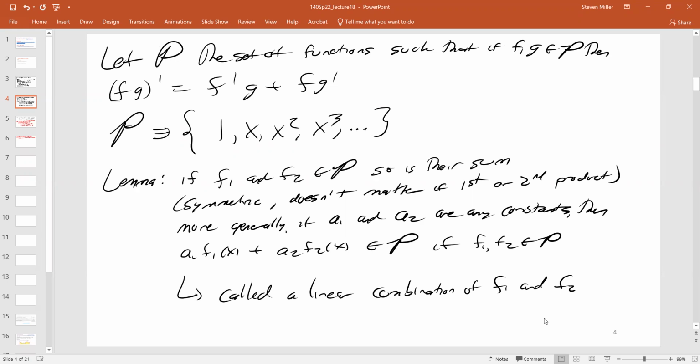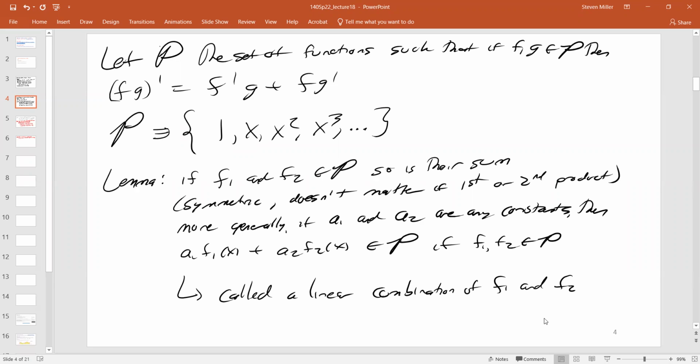We know what the product rule is whenever you choose two things from P. It turns out it's true when you choose any two functions that are differentiable. And so eventually, what are we going to show P is? P is the set of differentiable functions. Right now, we know P is the set of functions of the form 1, x, x squared, x cubed. We're going to show that a lot more functions are in it. We're going to show if you take two functions in P, their sum is in P. More generally, any linear combination: I could take 5 times f1, and that's in P. Or I could take 5 f1 plus 7 f2.